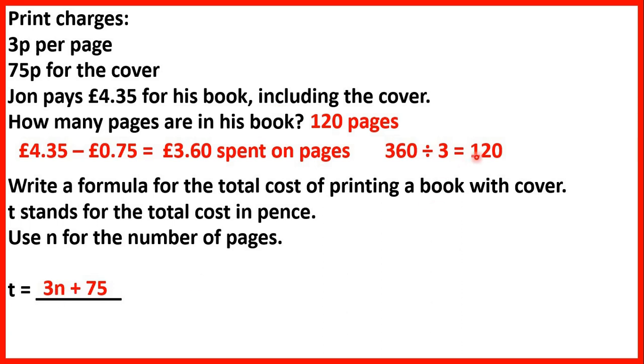If N is 120, so if there are 120 pages, we can multiply 3 by 120 to get 360, and then add 75 to 360 to get 435. And 435 pence is the same as £4.35.